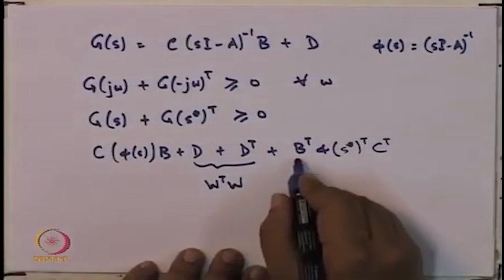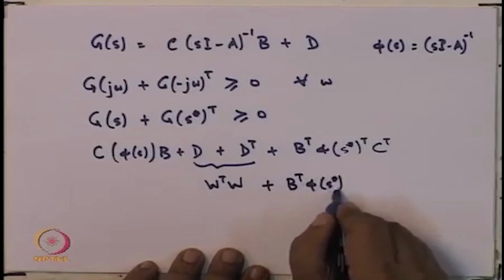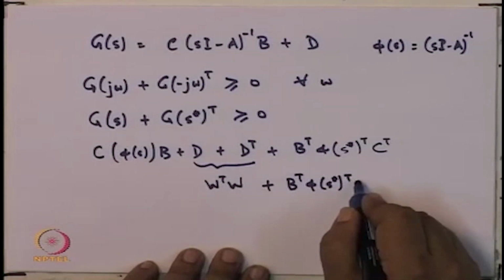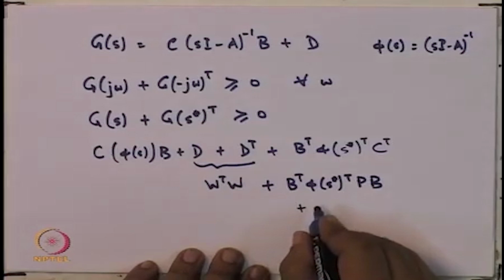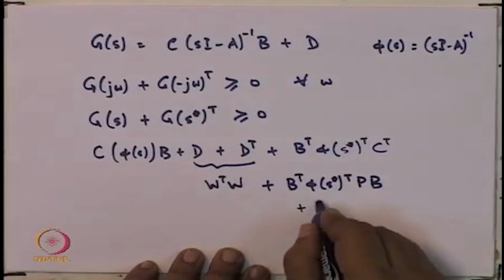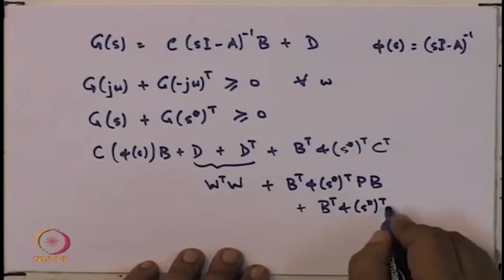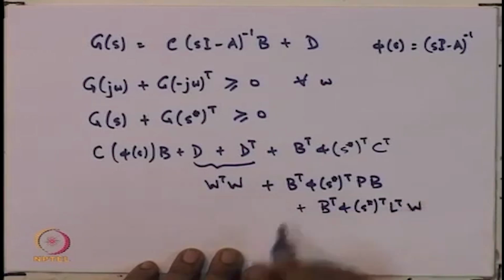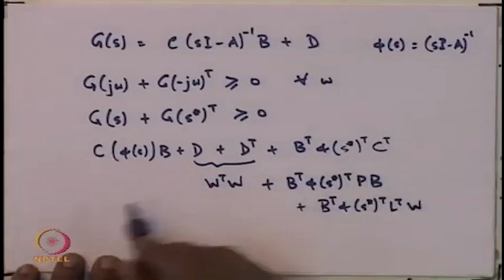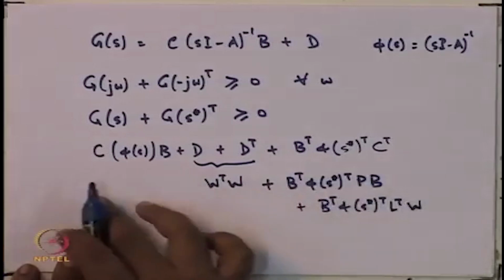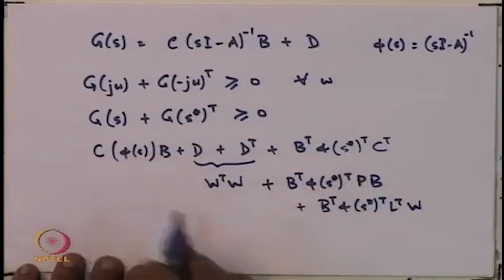So, if I do that, this particular expression becomes B transpose phi(s star) transpose times PB, that is one expression, plus I will have one more expression which will have B transpose phi(s star) transpose L transpose W. And now similarly, just like what we did for C transpose, I can substitute for C, it will be the transposes, and so these two terms will appear as transposes here, but instead of phi(s star) transpose, I will have phi(s) for those two terms.